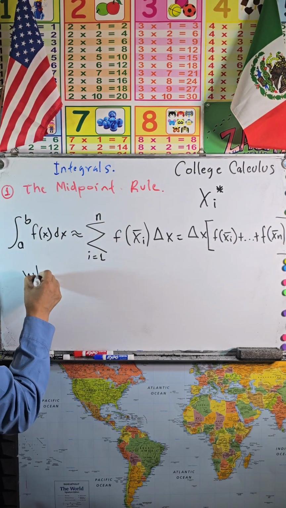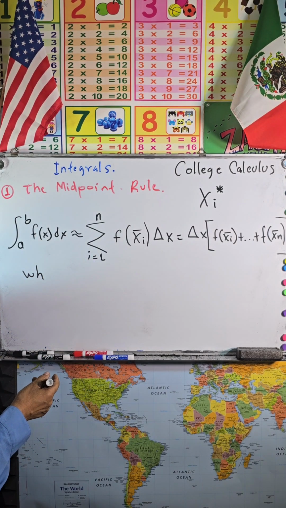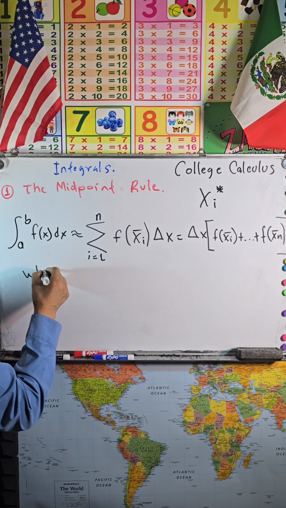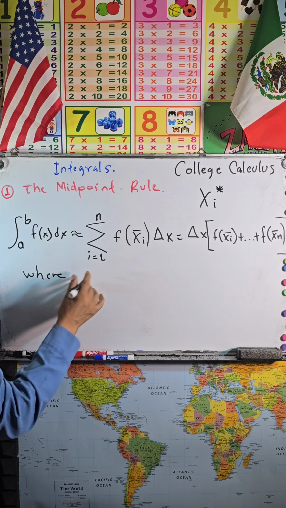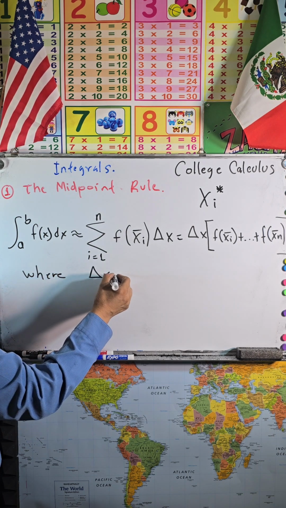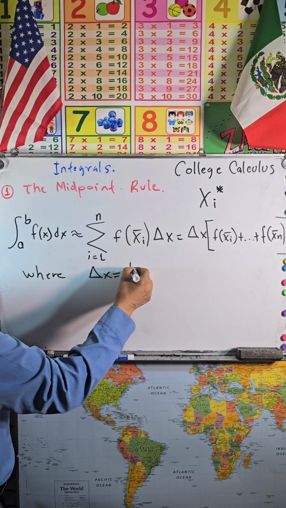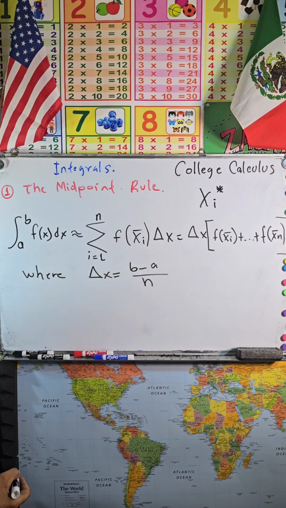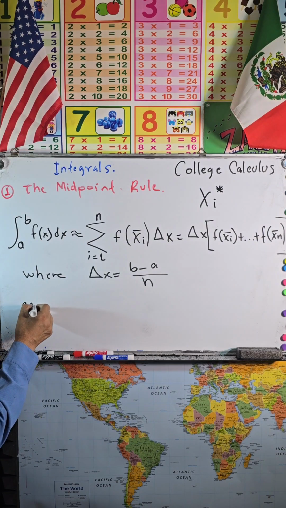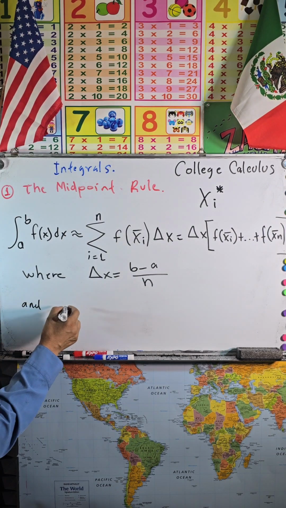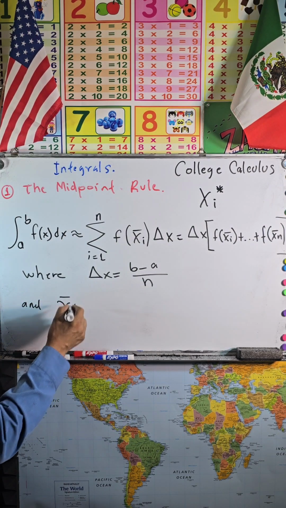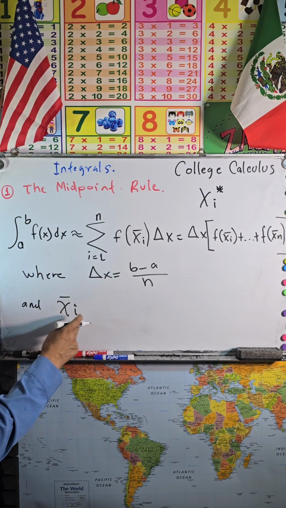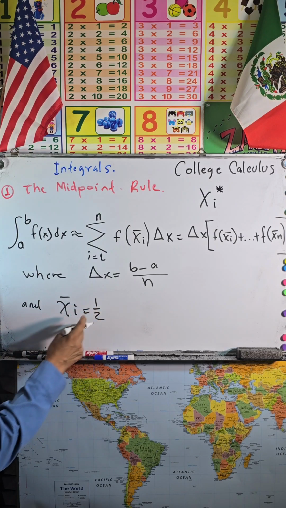I will explain the formula in one problem. Here delta x is equal to b minus a divided by n. And x-bar i equals 1/2.